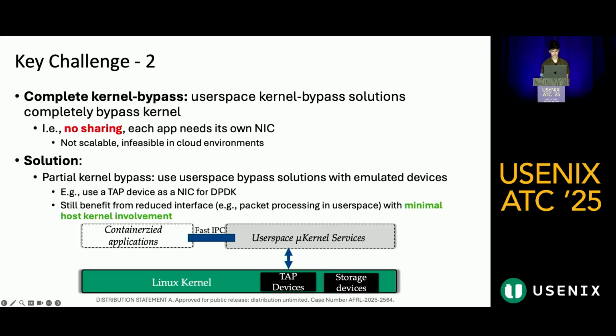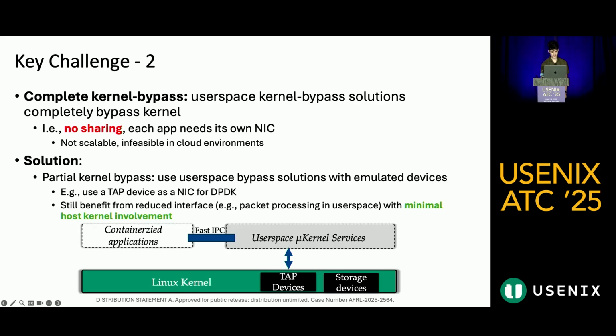While this offers excellent performance, it comes with a major limitation: no sharing. Every application would need its own dedicated hardware, which is not scalable and simply infeasible in cloud environments where resources must be efficiently shared by many tenants. To overcome this, we adopt a more practical partial kernel bypass approach.